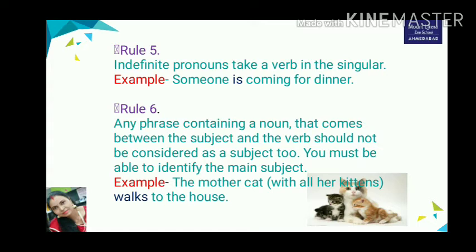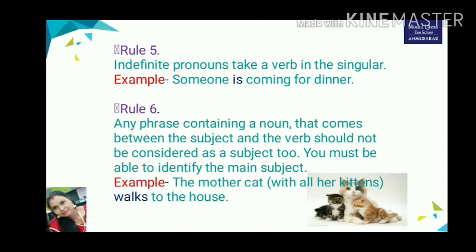Rule number 6: any phrase containing a noun that comes between the subject and the verb should not be considered as a subject too. You must be able to identify the main subject. In this rule, we are talking about a phrase containing a noun. If it comes between the subject and the verb, then we should only consider the subject.